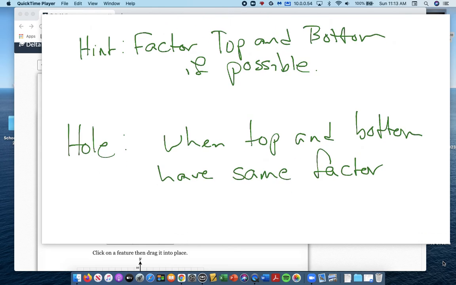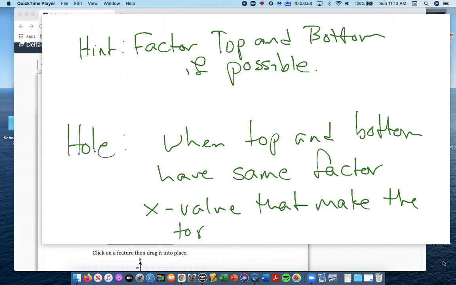So when the top and the bottom have the same factor, then the x value that makes the top and the bottom 0 generates what's called a hole. So let me show you a couple of examples on the next video, and that'll make more sense. But make sure you have all these notes down so that you can add to them as you're going.